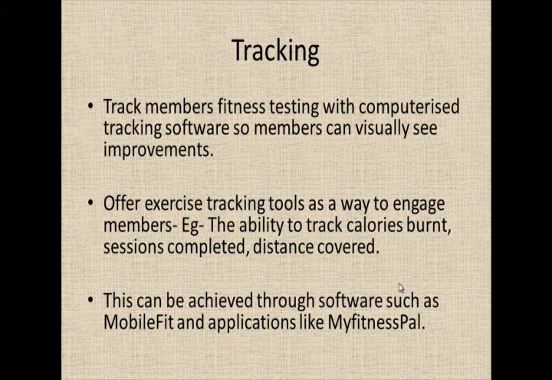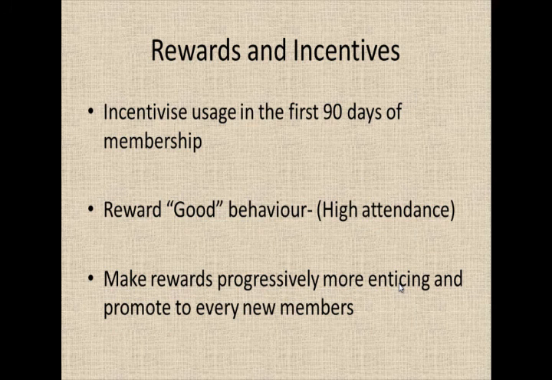If members can track things like calories or sessions completed, weights lifted, and distance covered, they can get really engaged in this process. So this can be achieved through software such as MobileFit and other applications like MyFitnessPal you would have seen are really popular. So this is another way to really engage people and get them excited about their exercise.